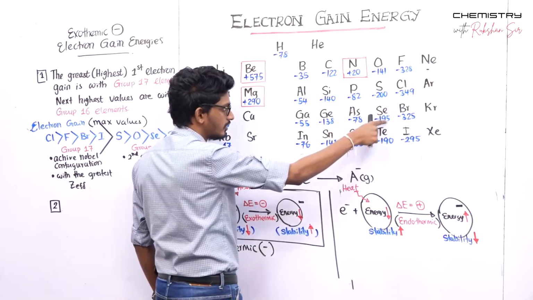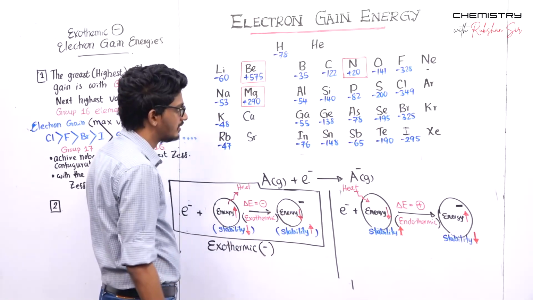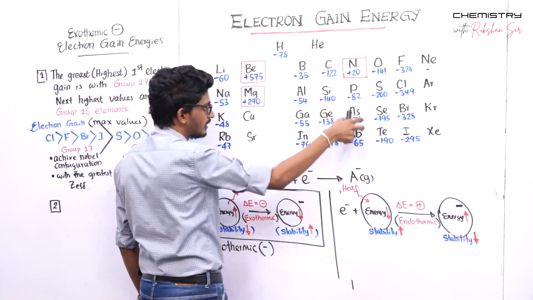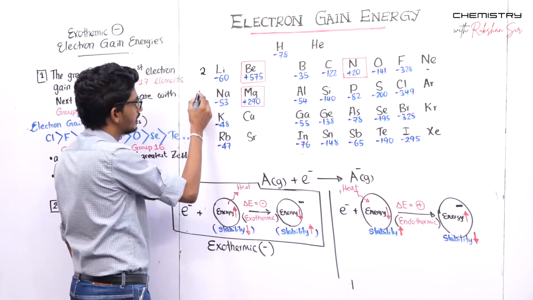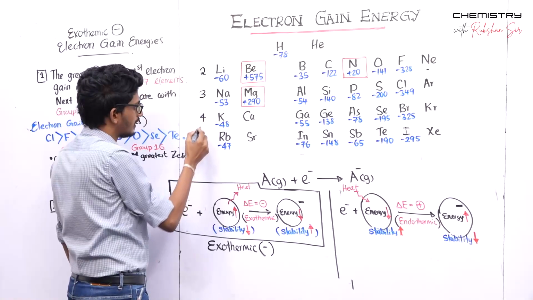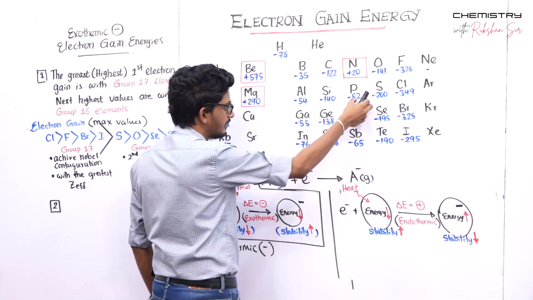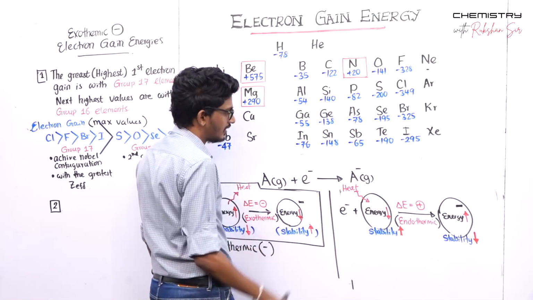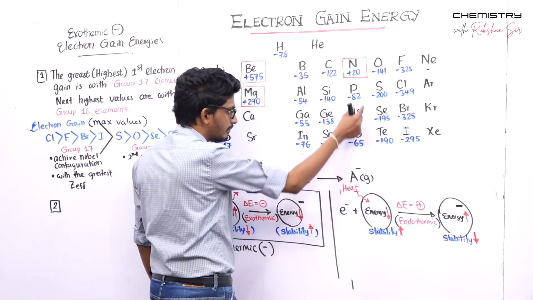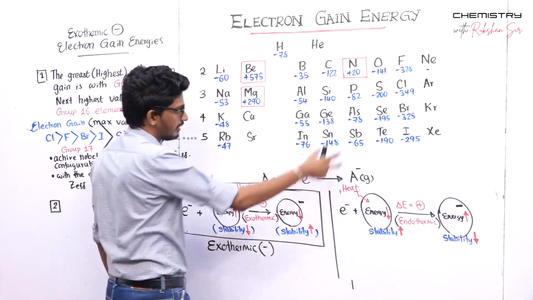With this one also, the magnitude decreases going down. That is another trend we see. When concerning the third, fourth and fifth periods, not the second row, you clearly see the magnitude of those numbers gradually decreases. Here and there some exceptions are there, but normally the number decreases going down.